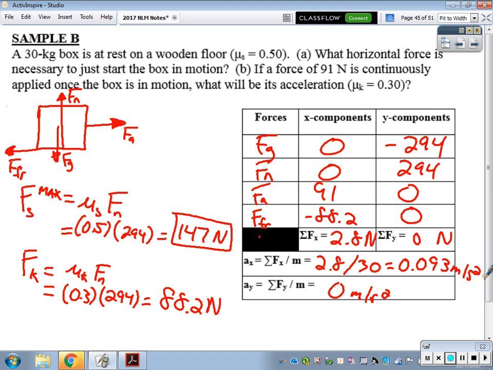As per our free body diagram, should it accelerate to the right? Yep. We are applying a greater force than what our frictional force would be. Even though it's a very small rate of acceleration, that's what we would get. Any questions?